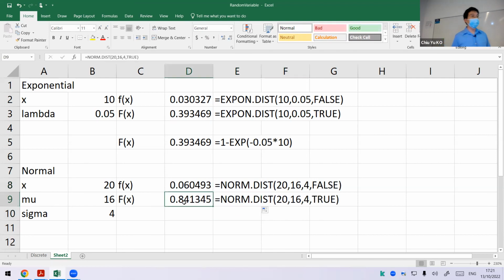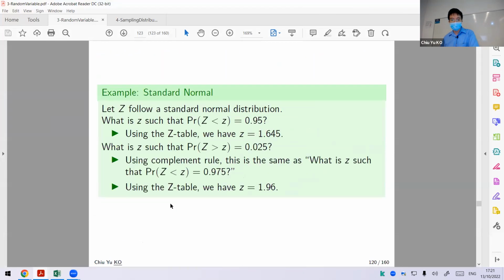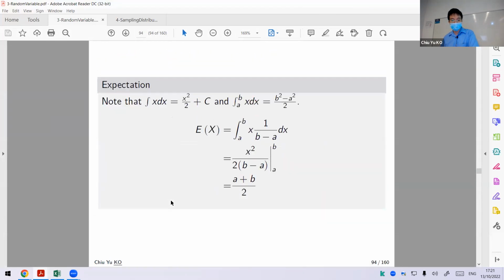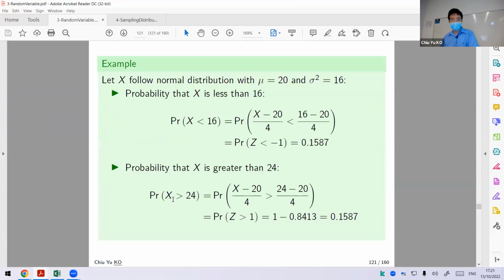Okay, you can see this number is exactly what you found in our slides here. This is asking exactly this question of x less than 16, right? And we just input 16, input 20, input 4, then we're done.